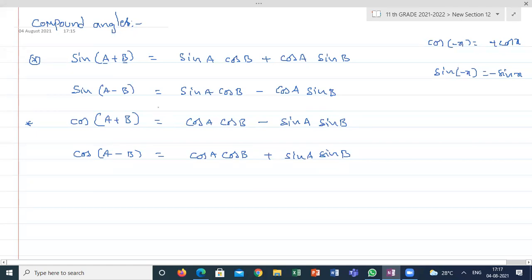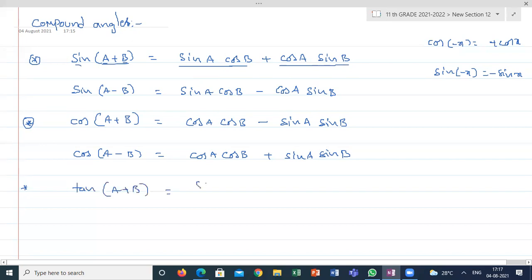The sum of two angles is called a compound angle. We write the sine of the sum of two angles in terms of the trigonometric ratios of its individual angles.